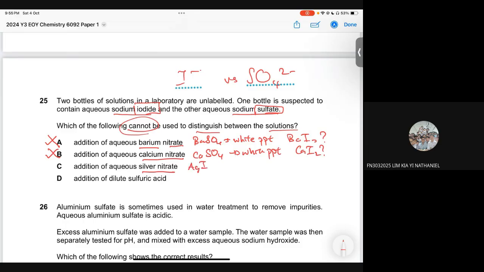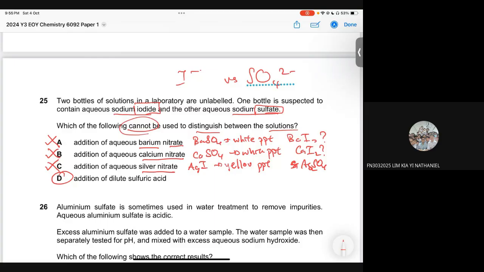AgI is a yellow PPT. Sorry, lag. It's a yellow PPT. Then Ag2SO4 will most probably be some other color. So therefore I know C can be used to distinguish. Therefore C cannot be the answer. Therefore I'm left with D.